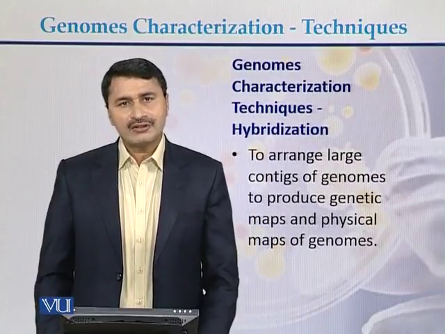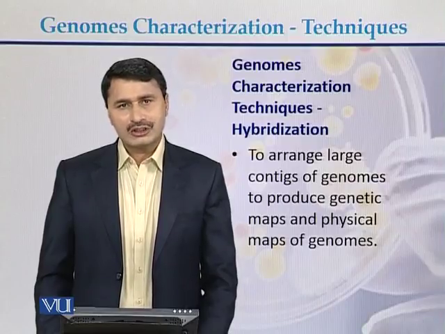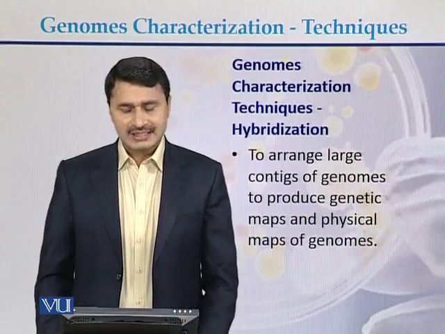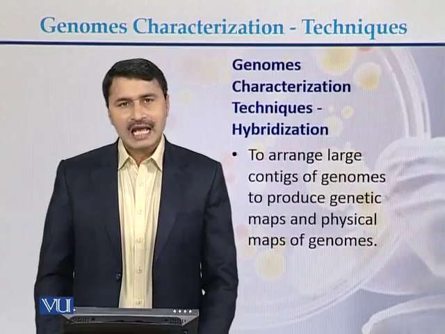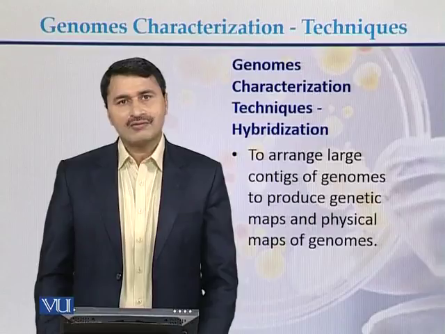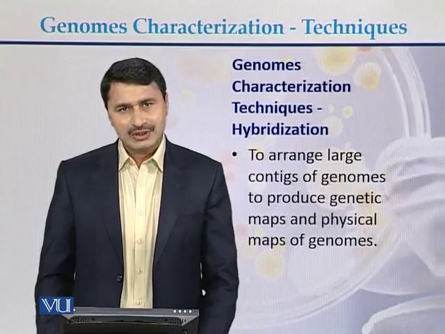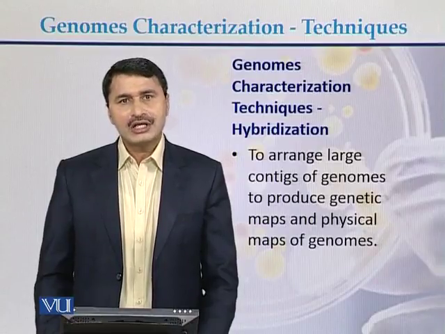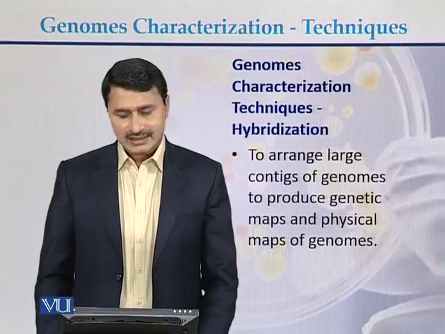Another technique which was used to sequence the genomes was hybridization. To arrange the genomes, large genomes were cut with the help of restriction enzymes and inserted into BACs or YACs.